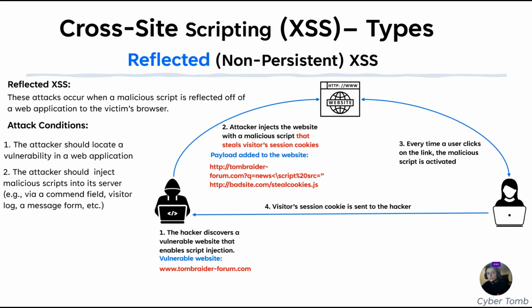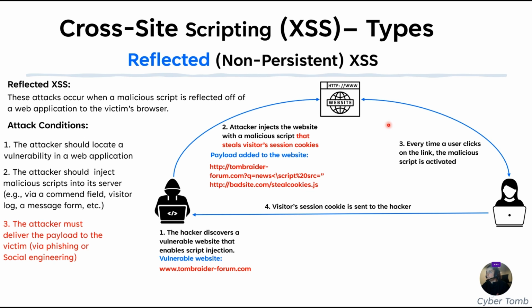Just to mention here, before we go to the next page. The reflective one means that the only way this script is being executed is when the user clicks on the link. So if the user doesn't click on the link, the payload won't be executed. Okay, that's why it's reflective. It's non-persistent.